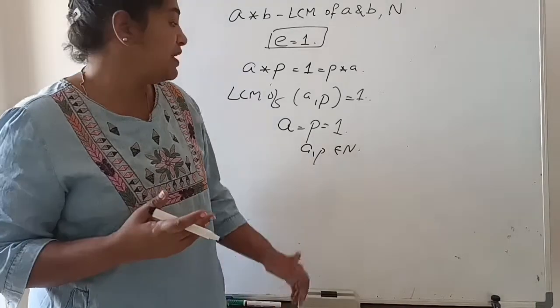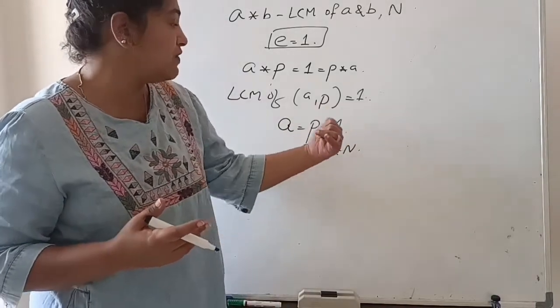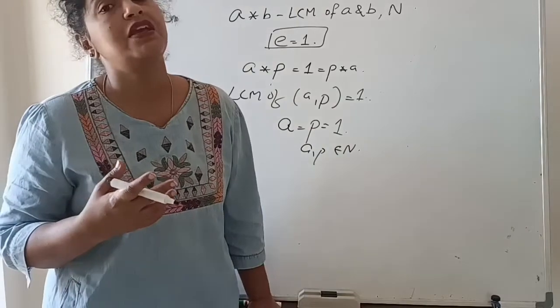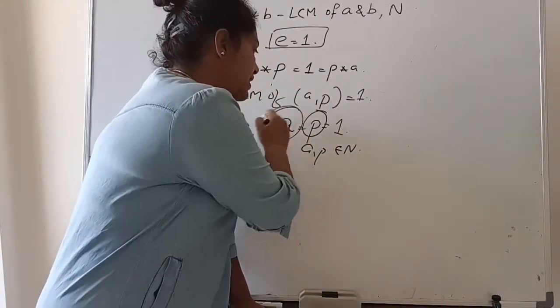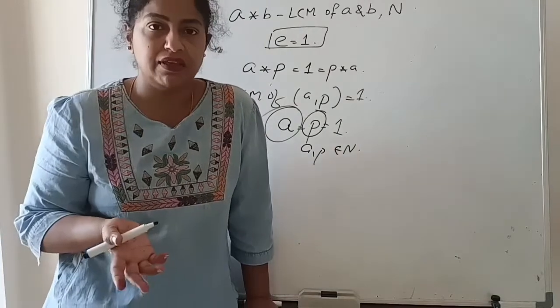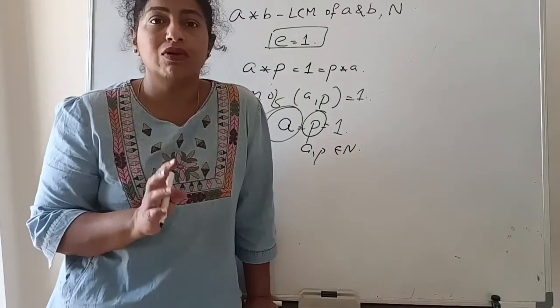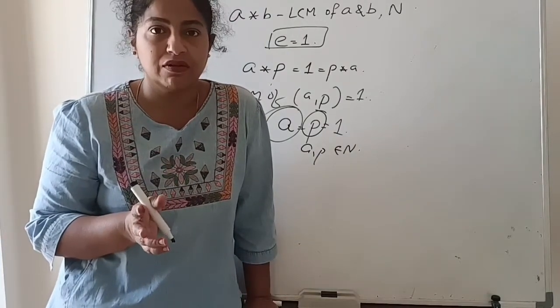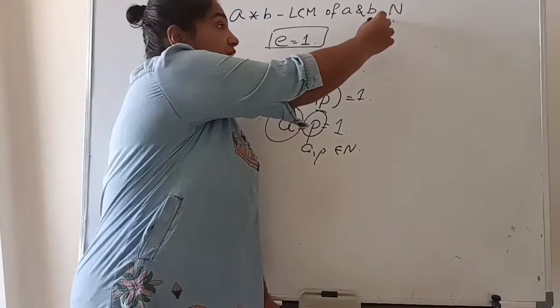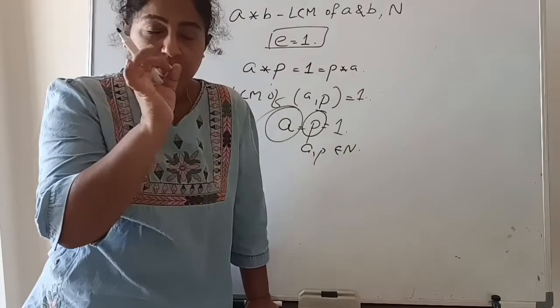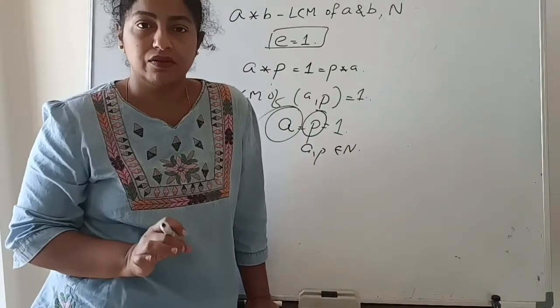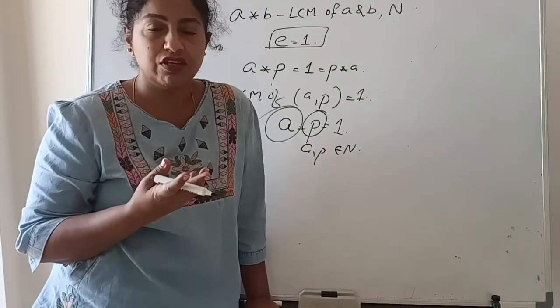The reason being that the LCM of A and P is 1, which means that both A and P have to be equal to 1, which means that my inverse element and the element for which I am finding the inverse have to be equal to 1. Only then does the inverse element exist. Every element of the set N cannot be invertible. Only the value of 1 can be invertible. Okay, I hope you have understood this.